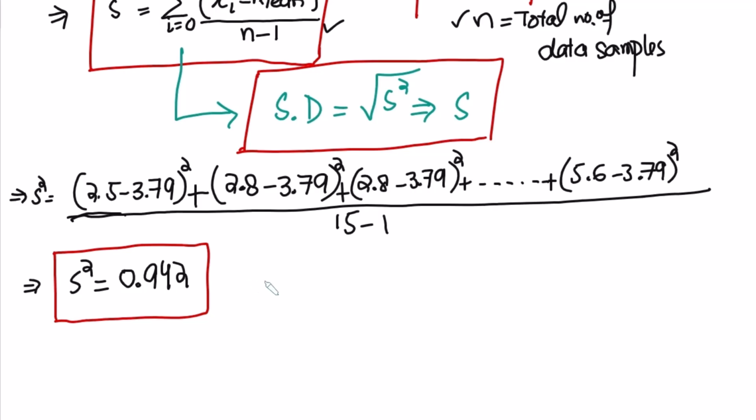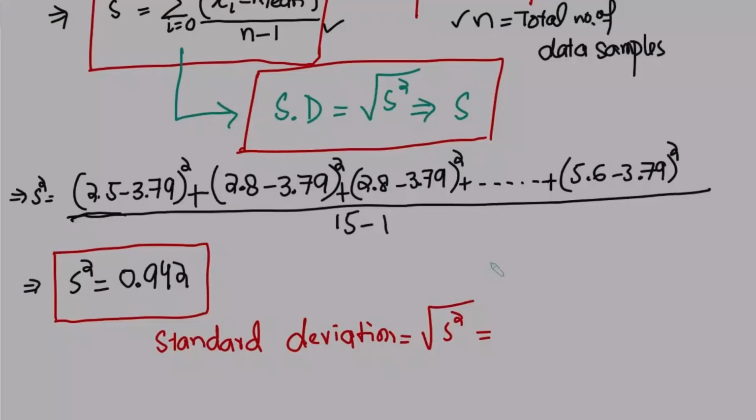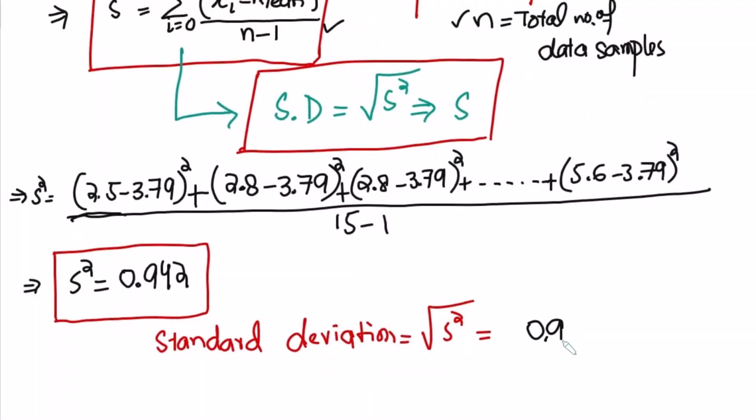After it, we also have to find out the value of the standard deviation. In order to find it, we have to take the square root of s square, that is the square root of 0.942, and if we calculate it, we will see that it is 0.96.